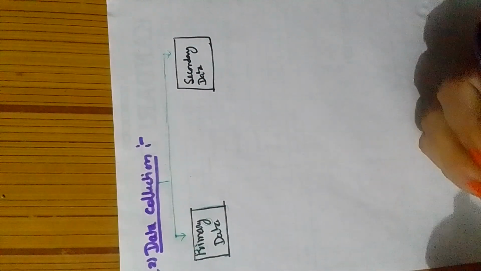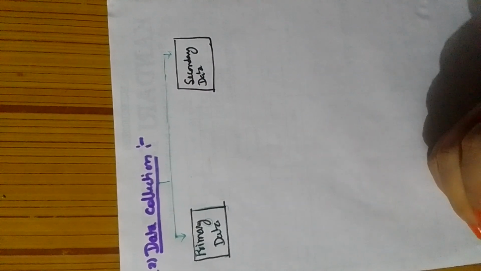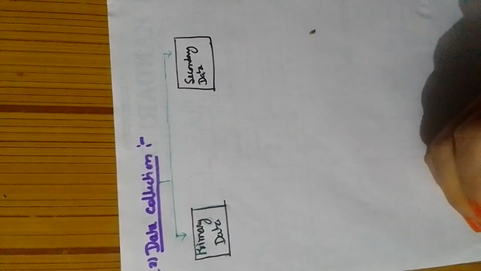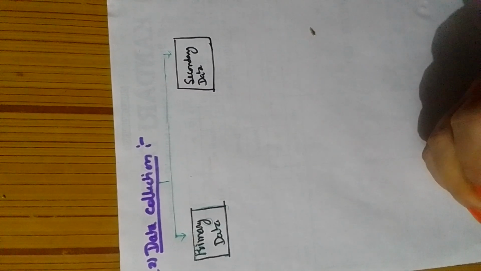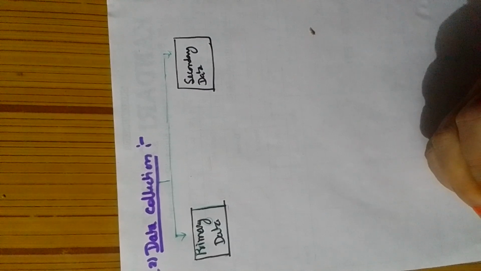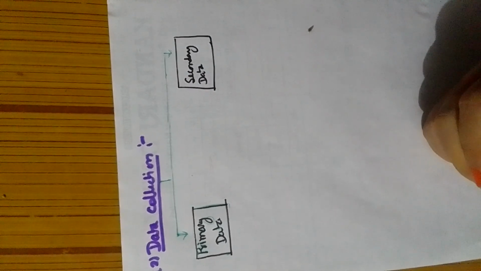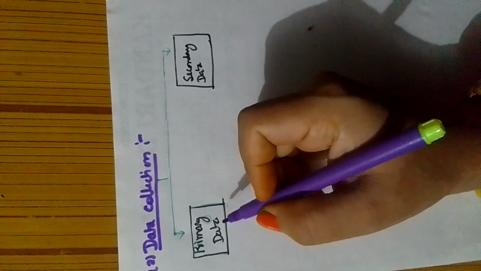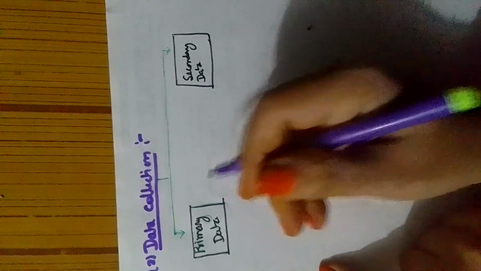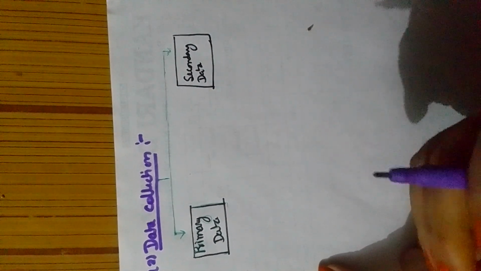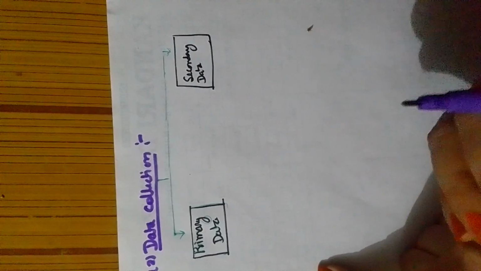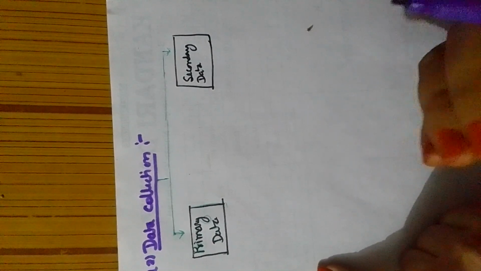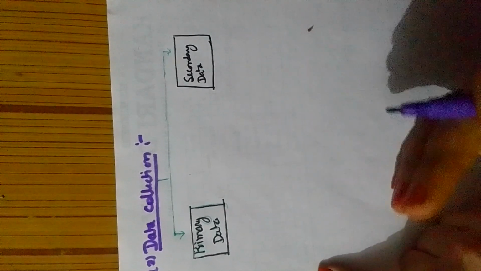So in primary data, data scientists collect their data directly from the source, and this data is first hand data from the source.